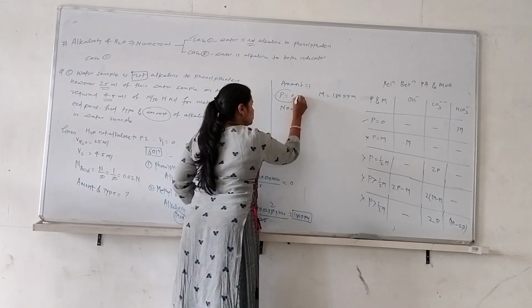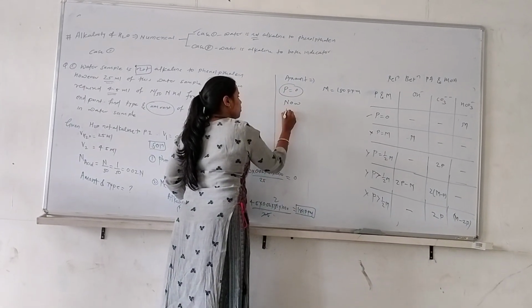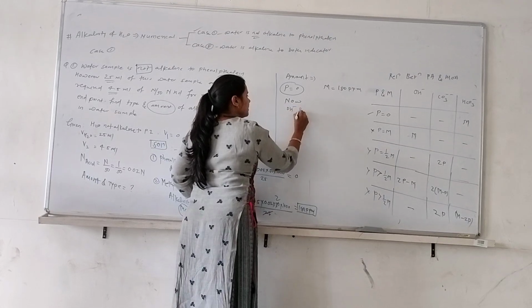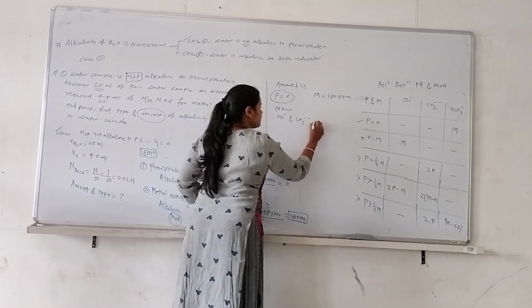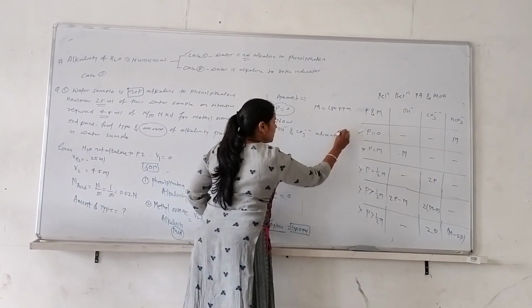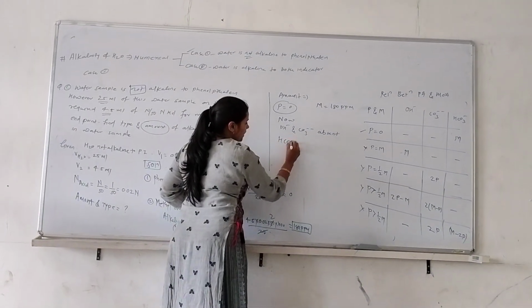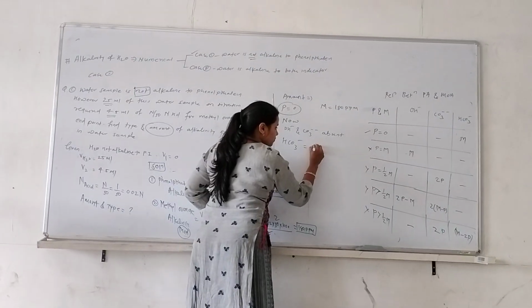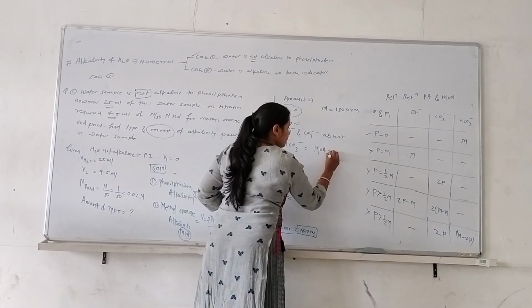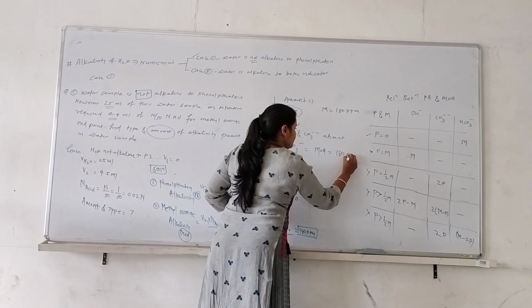If P is equal to 0, OH minus and CO3 2 minus are absent as per the table relation, whereas our water contains bicarbonate, which is equal to the methyl orange alkalinity, which is equal to 180 ppm.